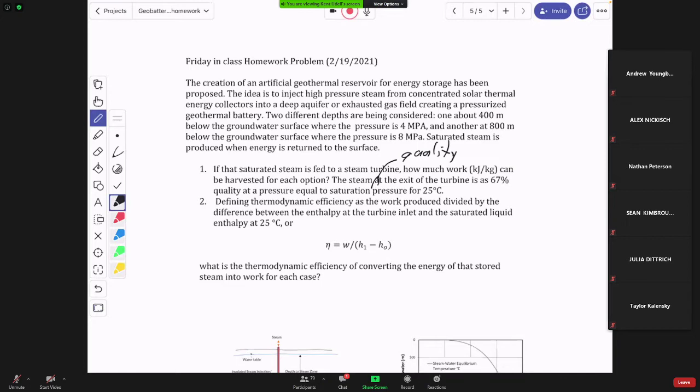$2758.7. Correct. And isn't that interesting? You'd think that at higher temperature, the enthalpy would go up. We're not that far from the critical point here. So critical point is 373. Yeah, it's 374, and actually your enthalpy of the vapor drops.